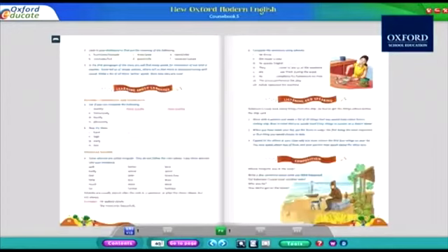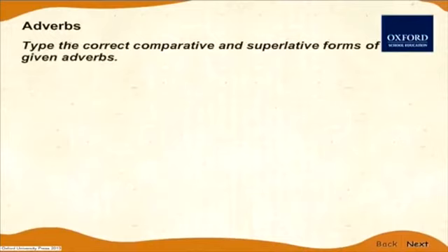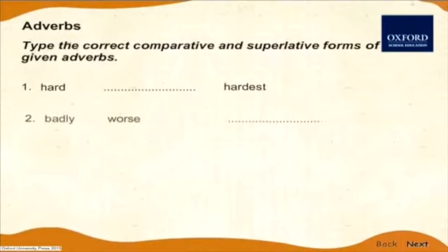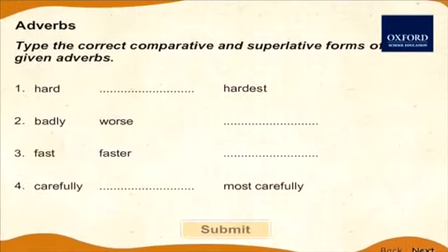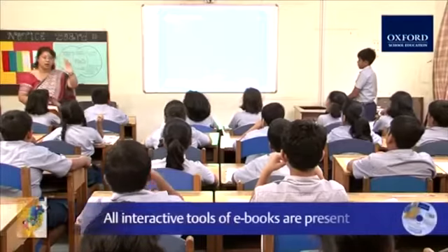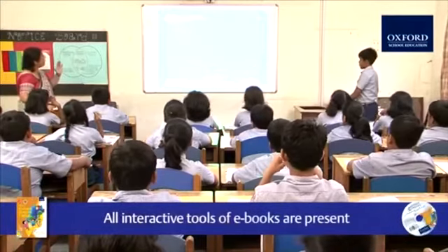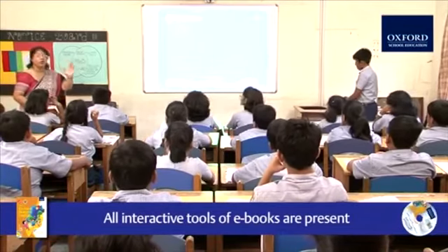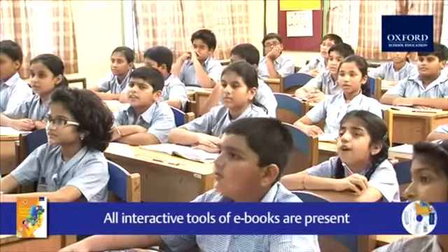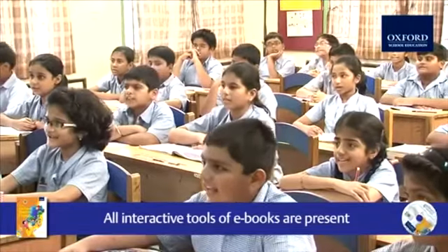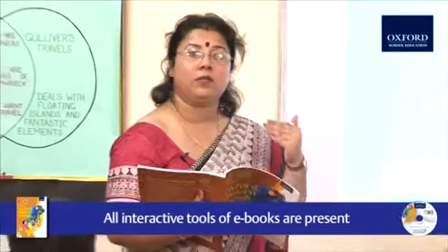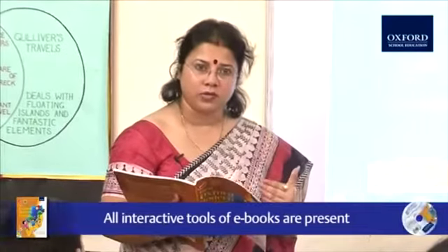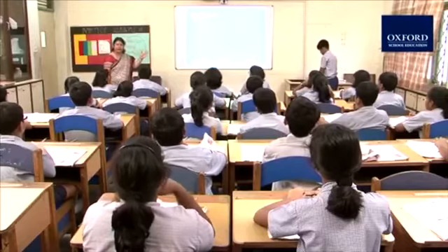Abhinav, can you please help us out with this one? We have hard, which becomes harder. Harder turns to hardest. Right. Next one. Badly, worse, worst. Fast, faster, fastest. Carefully, more carefully, most carefully. That was fun and it was easy, right?